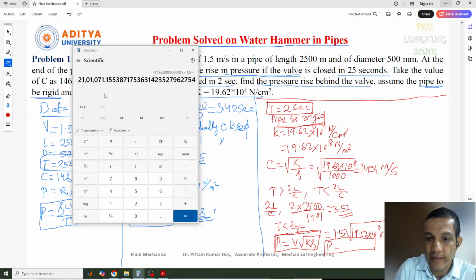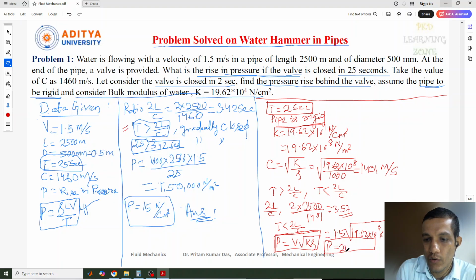So this one we can write as 2100071, which is 210 into 10 to the power 4 Newton per meter square.